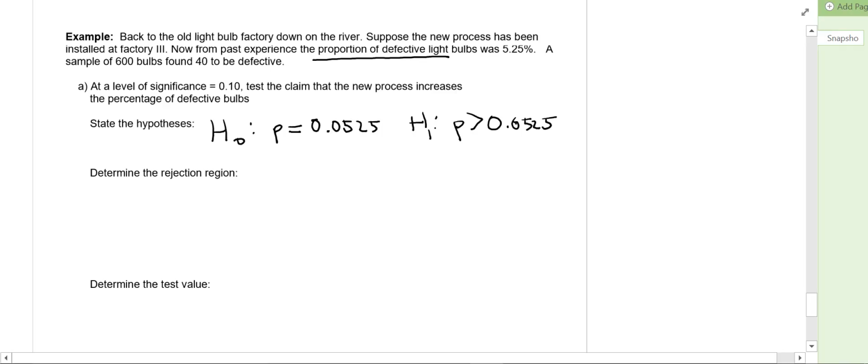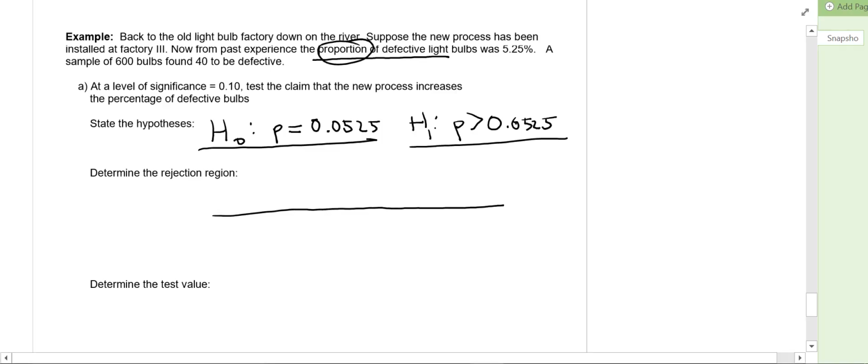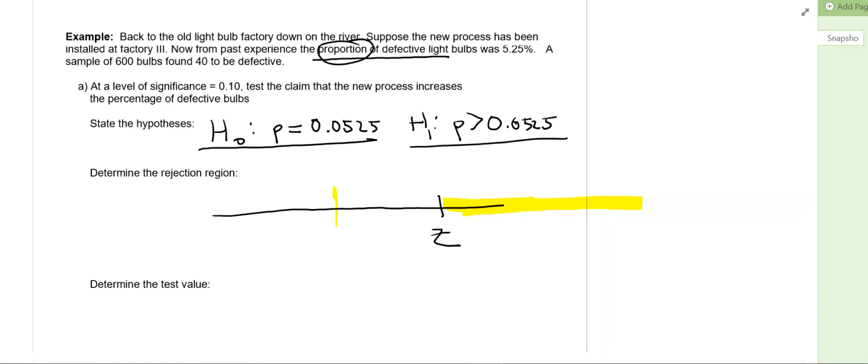All right, so there's my null hypothesis, the status quo. The claim that it's actually going to increase the percentage of defective light bulbs. I am working with a proportion, so I'm working with a z-score. I am claiming that there's been an increase, and if I'm claiming there's going to be an increase, then I'm going to reject if I am significantly higher than what the assumed null hypothesis claim is, right?